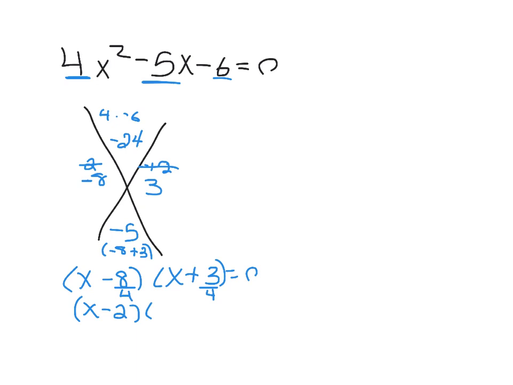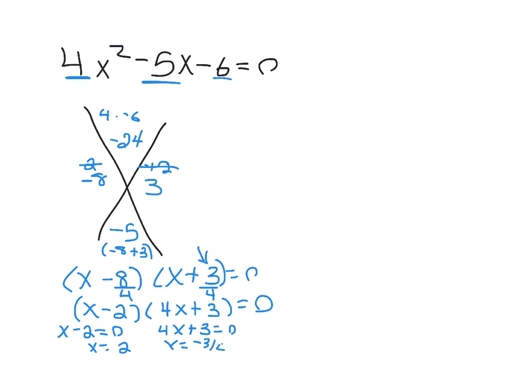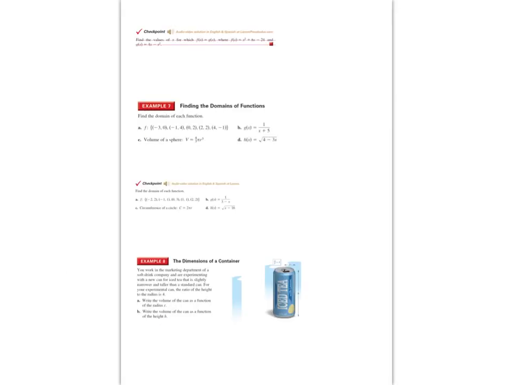If it will not divide nicely, like here, you put the 4 in the front: 4x plus 3 equals 0. Done, it's factored. So now I could solve that and say x minus 2 equals 0, 4x plus 3 equals 0, x equals 2, x equals negative 3/4, and you're done. Okay, let's move on to the next one.